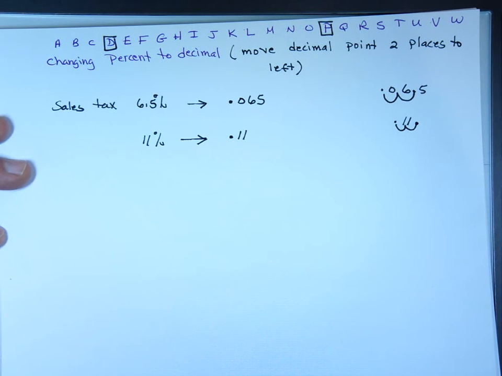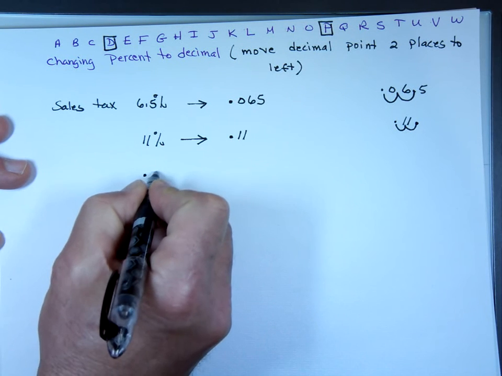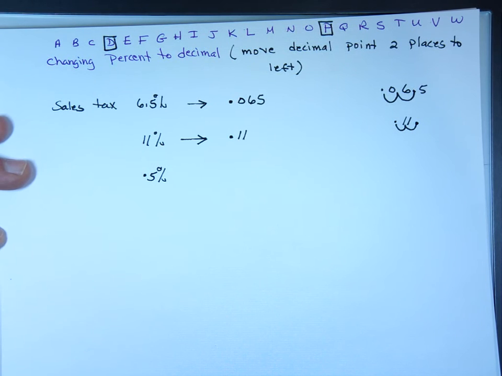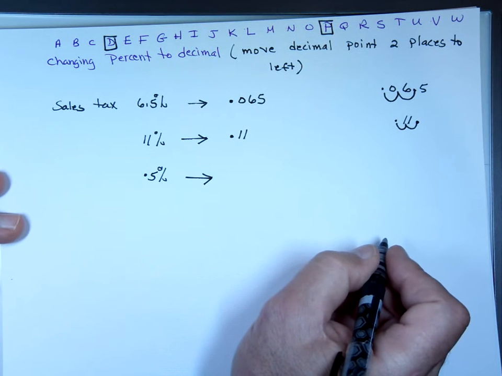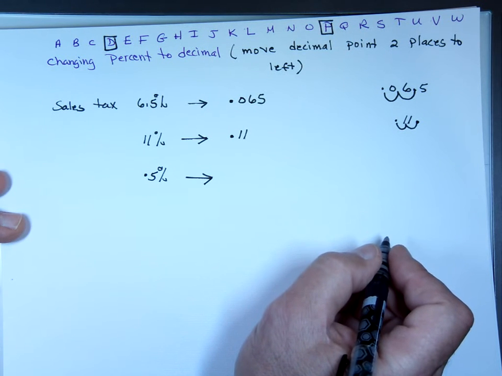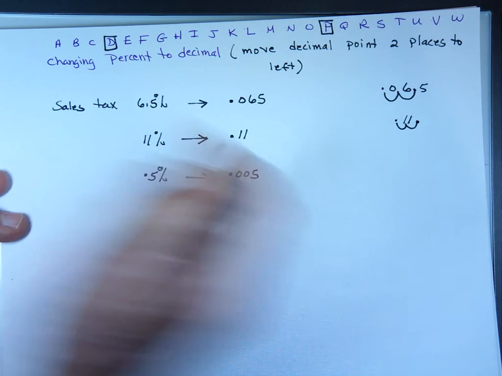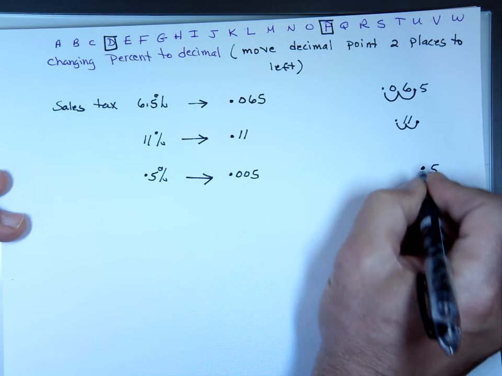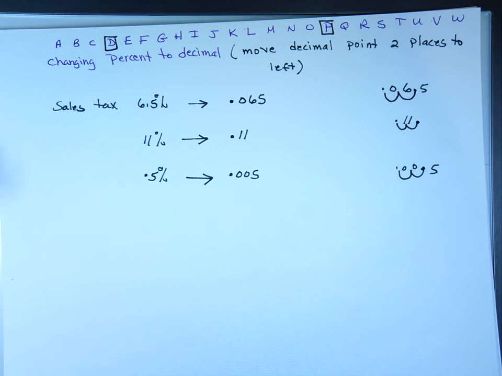If you're putting money in the bank, you might be lucky to get 0.5% interest, 0.5%. So as a decimal value, that's what? You got to move the decimal point 2 places to the left. 1, 2, 0, 0. So it's 0.005.